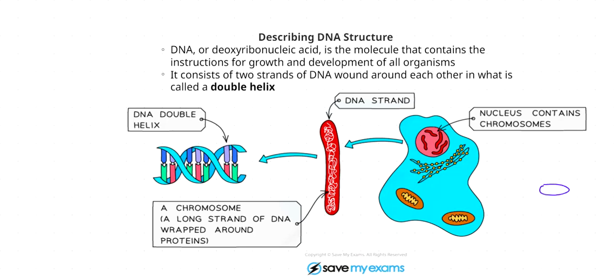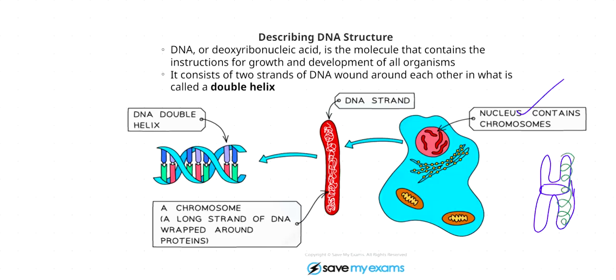As we already studied in chapter number 1, there are 46 chromosomes in each cell of the human body. These chromosomes are actually made up of DNA. As I showed here in the diagram, in the nucleus, chromosomes are present, and each chromosome has two arms which are called chromatids, and each chromatid is made up of one DNA molecule.